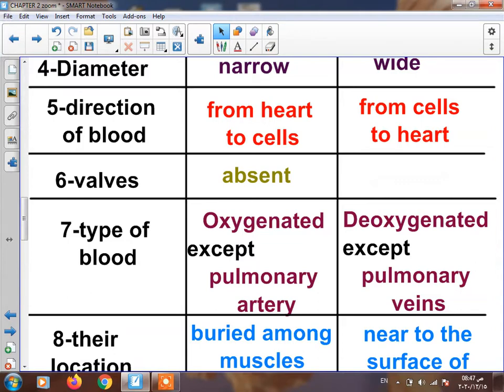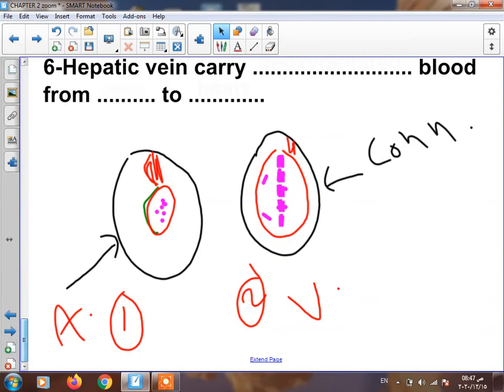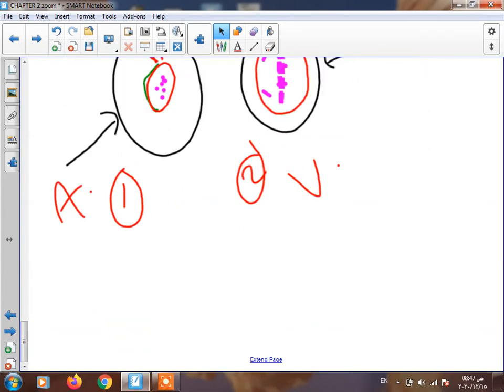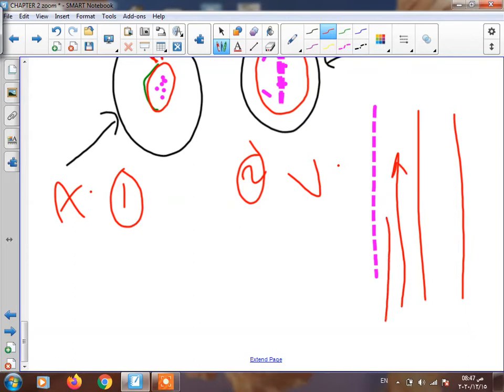Okay, what about the vein? The vein needs valves. Why? Because maybe the blood moves down with gravity. Wait, I will draw it. Okay, this is the vein, and the blood moves in this direction, so maybe the blood moves down again.